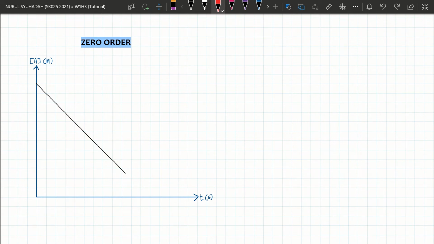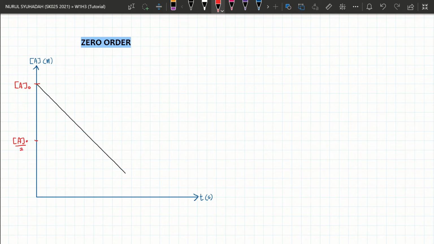The first half-life will start here from the initial concentration, which I put as A0. When the initial concentration undergoes the first half-life, the concentration will become half, so we get here A0 over 2.